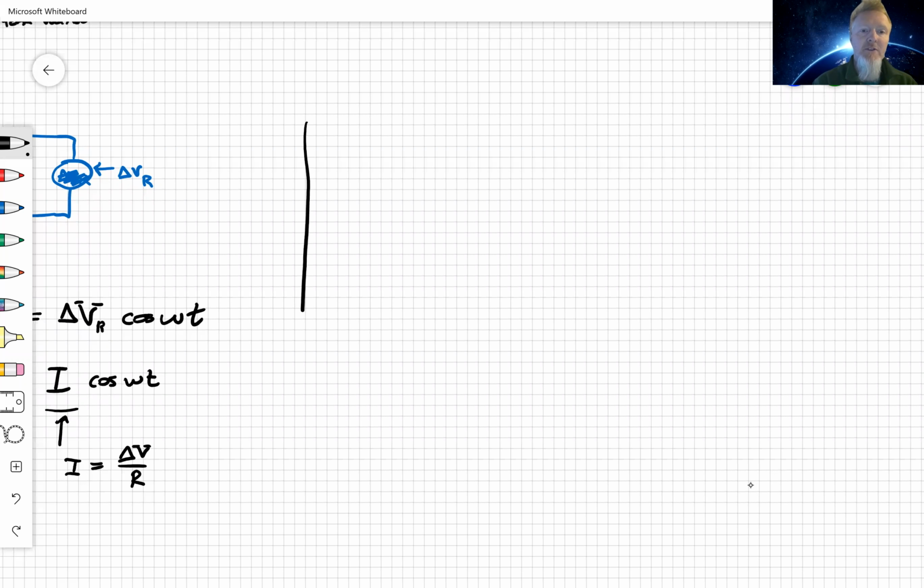They would both be cosines. So suppose that I do that, and I'm going to do the voltage in red.